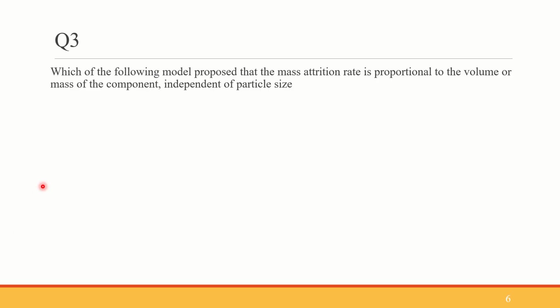Question 3 is about which of the following models proposes that the mass attrition rate is proportional to the volume or mass of the component, independent of its particle size. A few models are given, and from them we have to identify which model has proposed this statement.